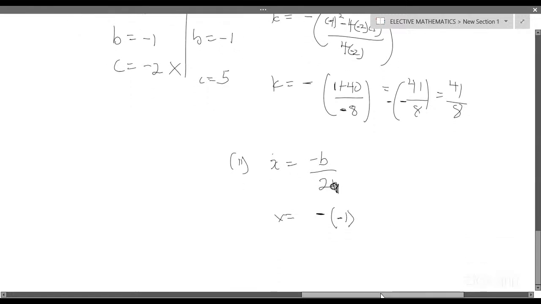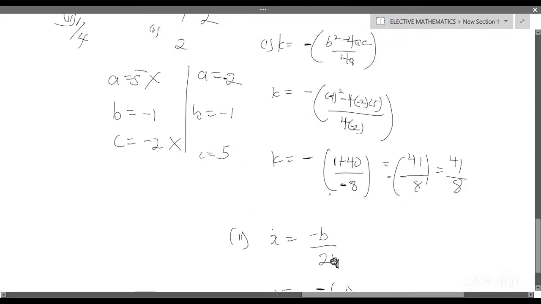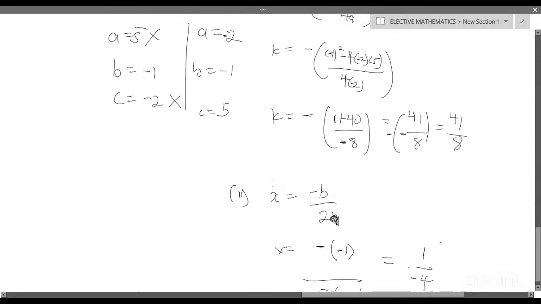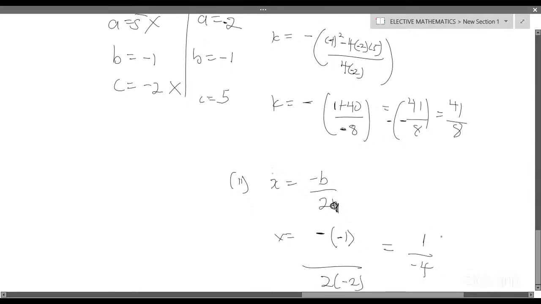Minus -1 all over 2. What is our a? Ella, what's our a? -2. So 2 times -2. So what are we going to get? Here we are going to get 1 over -4, right? So our final answer is -1/4.